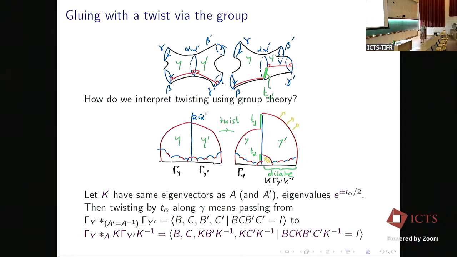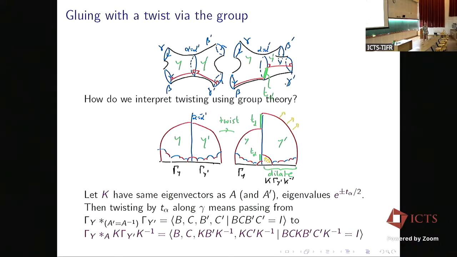You might say, well, that's going to interfere with this relation in the middle, but no, it doesn't, because K commutes with A, and so I still get that A prime is A inverse. And now my relation is turned into this. Okay. So this is perhaps a tricky step to think about when you first see it, but it's really just using very simple geometry, interpreting that in terms of linear algebra, and then in terms of group theory.